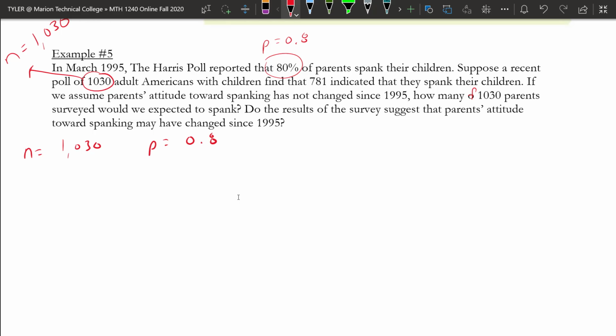All right. So let's first find the mean. So the mean of x is equal to the expected value.